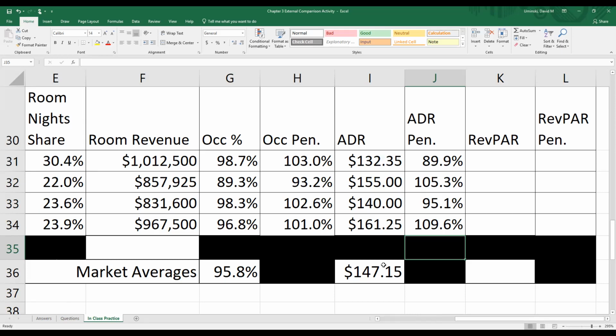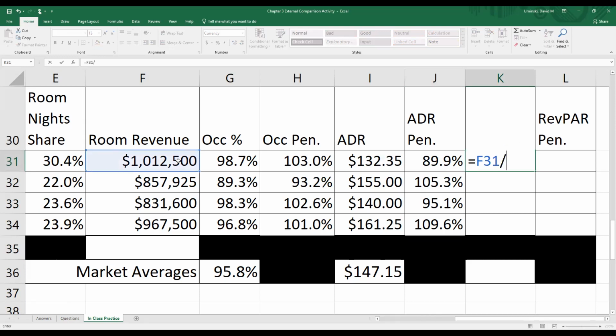But when we look at our revenue per available room, it's going to level out the playing field, because that way it takes into account the revenue divided by 250 rooms times 31 days compared to the revenue divided by 200 rooms times 31 days. Does that make sense? Okay, so let's look at our RevPAR. For Hotel A, we take our revenue divided by the 250 rooms times 31 days.